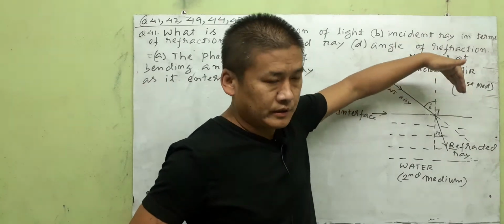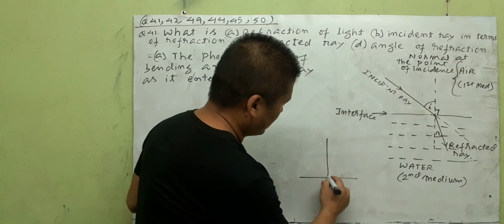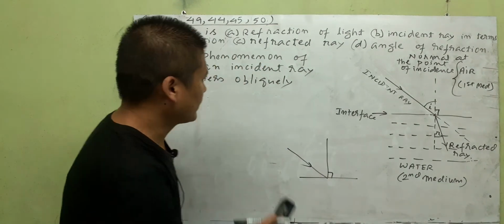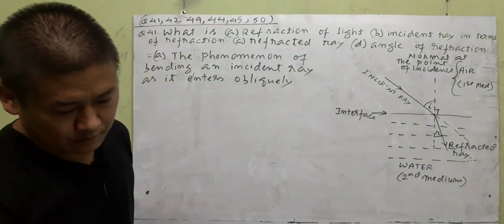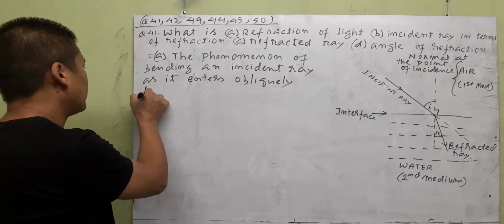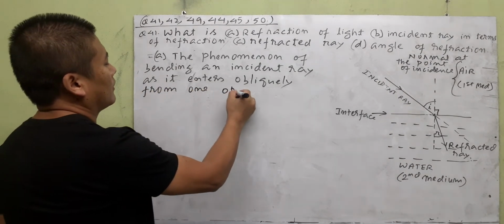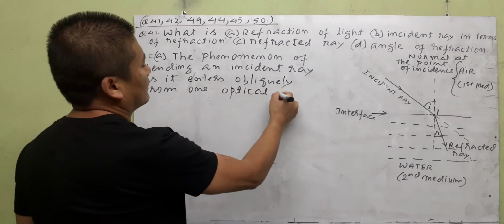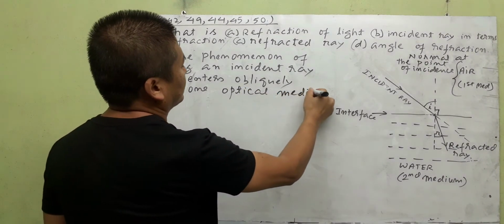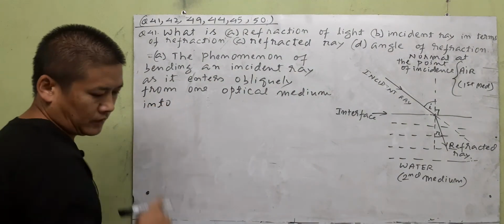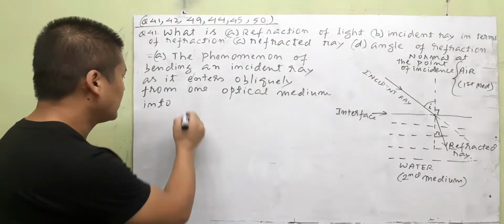Perpendicular is not oblique, so you have to pass it obliquely. Okay, so that is important. Obliquely from one optical medium into another.